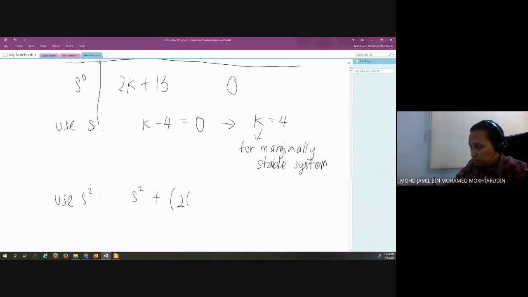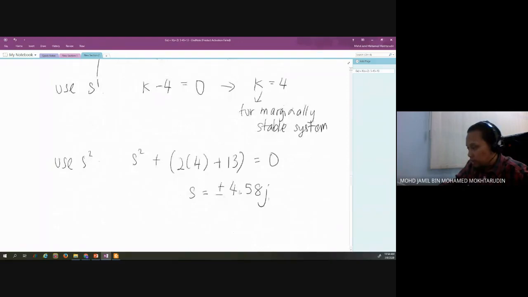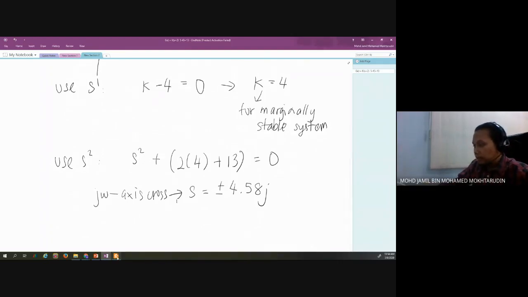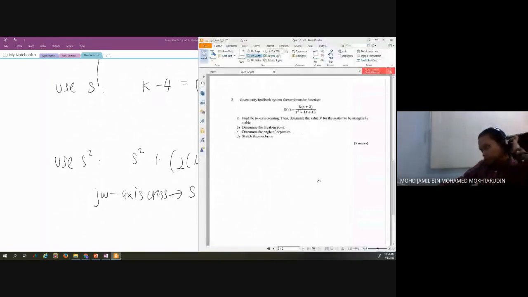So 2 times 4 plus 13 equals 0. So you get S equals plus minus 4.58 J. Okay, so this is the JW axis crossing. Okay, so you just note, JW axis. Okay, so that's answer question A.